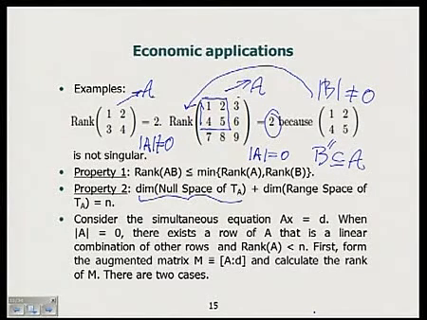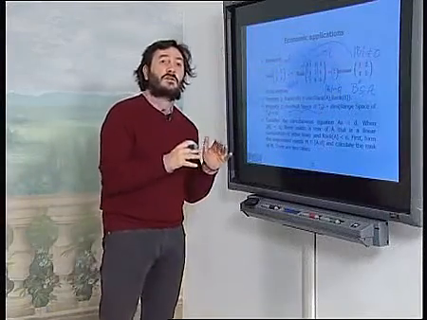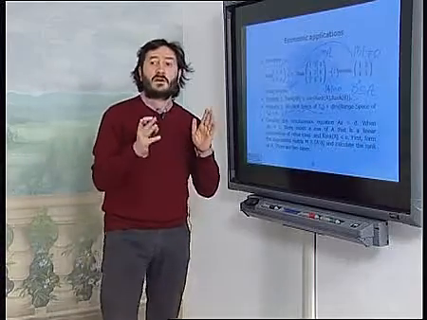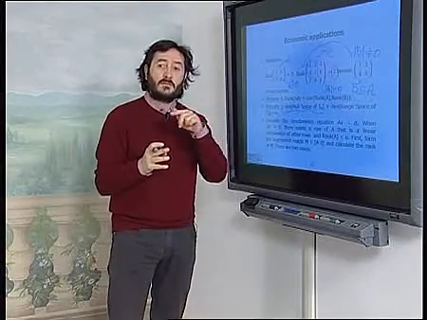Consider the simultaneous equation A times x equal d. When the determinant is 0, there exists a row of A that is a linear combination of other rows. And we always have to remember that the rows are the equations, the number of rows is the number of equations of a linear system, and the number of columns is the number of variables.